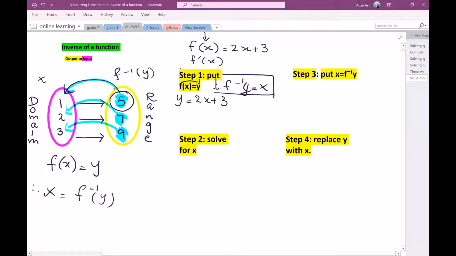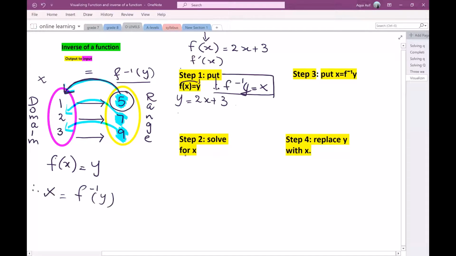From the visual, you can see this is f inverse y and it moves back to x, or it is equal to x if you find the way back. All right. Now, step 1 is done. We have equated y to f of x. So instead of f of x, I have written y is equal to 2x plus 3. Step 1 done.